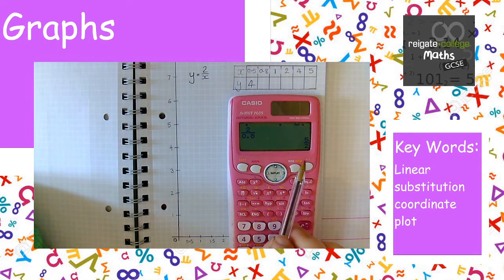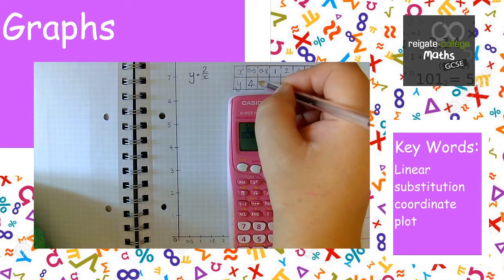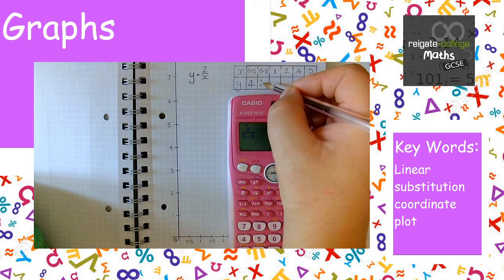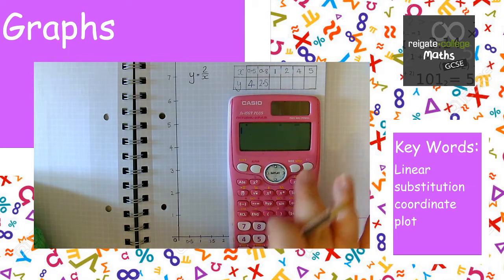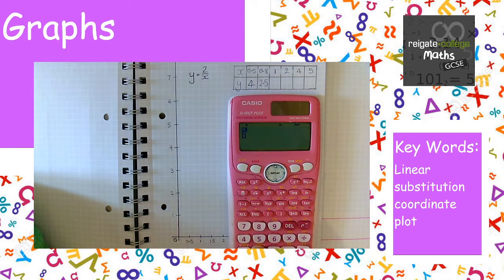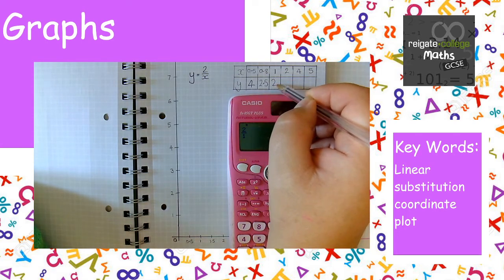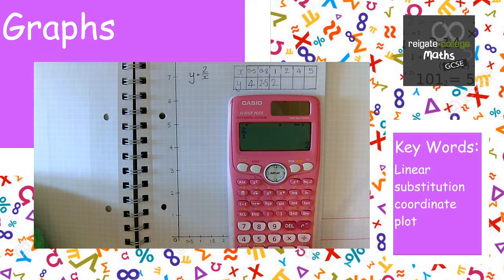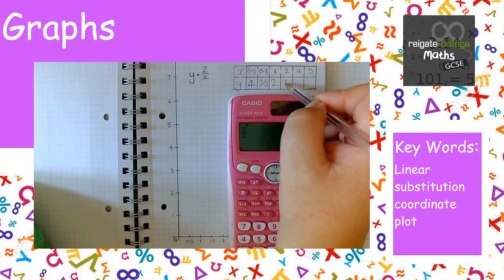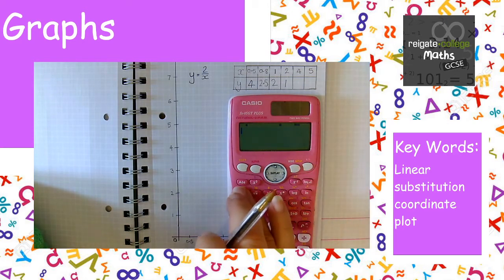I'm going to change this from a fraction to a decimal, and I've got a value of y of 2.5. Fraction, 2 as my numerator, 1 as my denominator, and that gives me a value for y of 2 when x is 1. And so I continue.